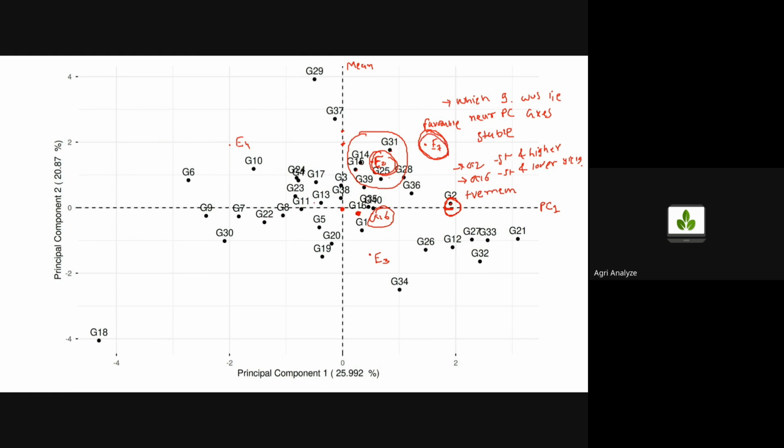Okay. So this way we can find the stable genotype and favorable genotype, and which genotype was stable in which environment. Based on the AMMI model, we can find which genotype is stable and high yielder, and which genotype was stable in which environment is also shown by this biplot analysis.